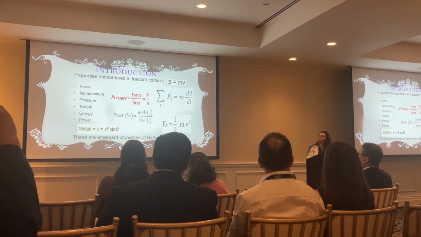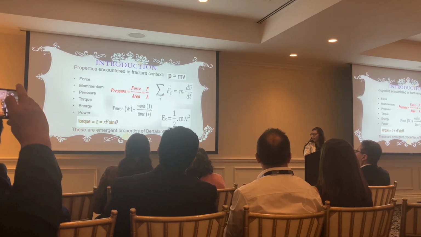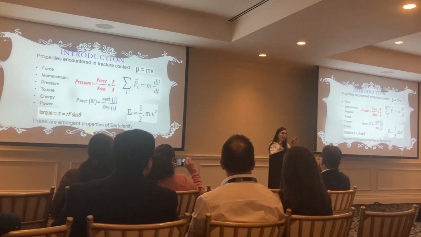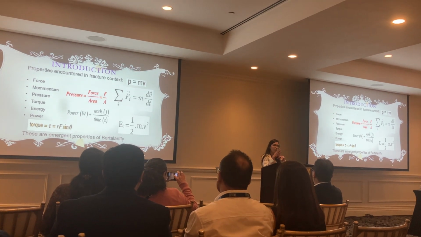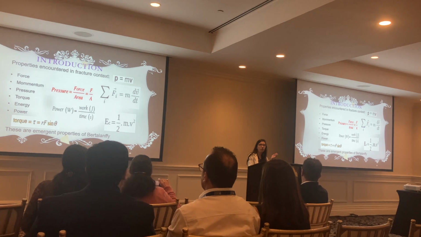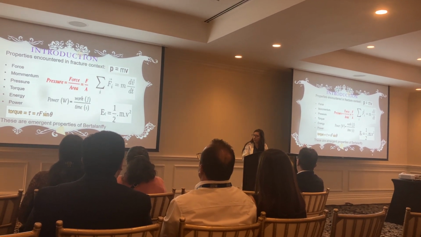I don't know if everyone knows this, but when we talk about emergent properties of Bertalanffy, we mean a factor and another factor, and when we combine these two factors we have new properties that none of the previous factors had before. That is an emergent property of Bertalanffy.